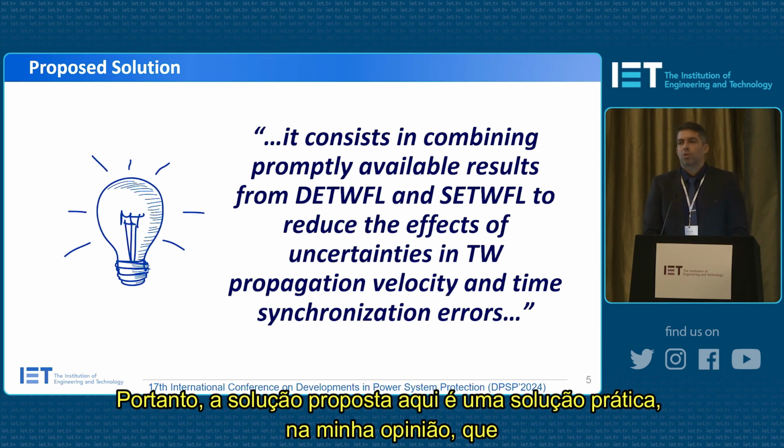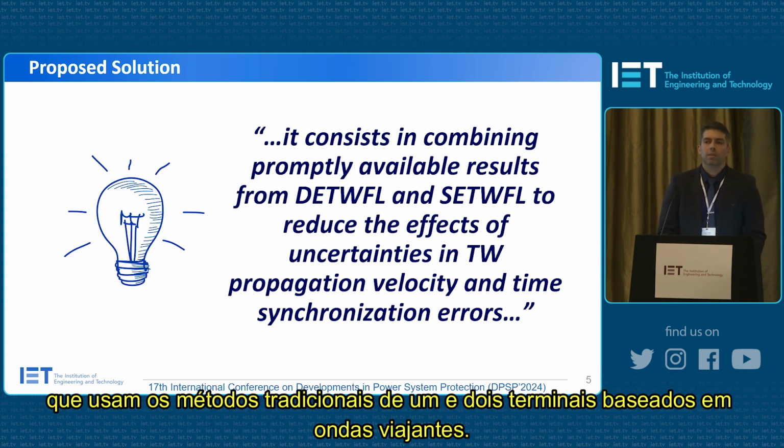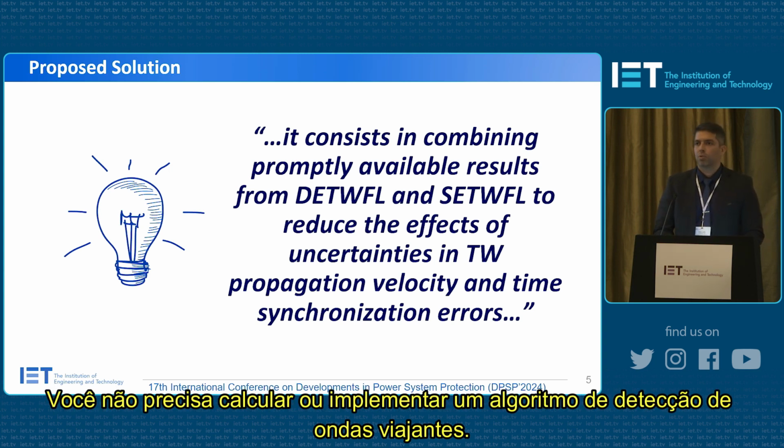So the proposed solution here is a practical solution, in my opinion, which consists in combining promptly available results taken from real devices that use the traditional double-ended and the traditional single-ended travelling wave-based fault location methods. You do not have to implement algorithms to detect traveling waves.